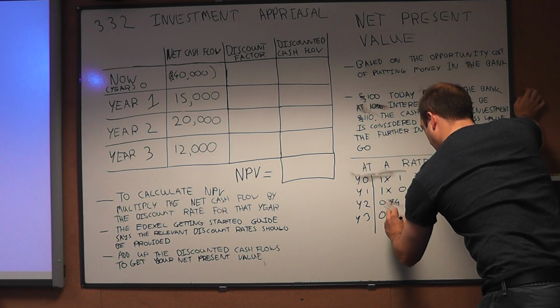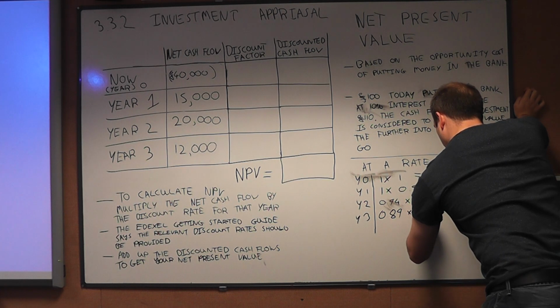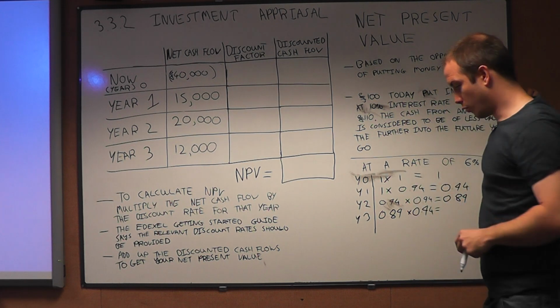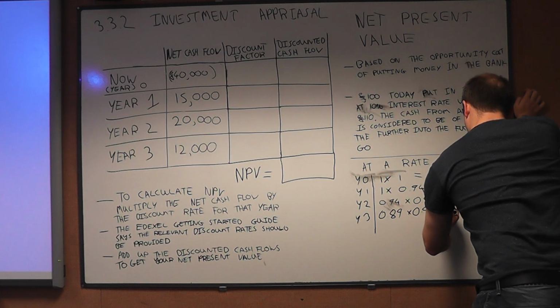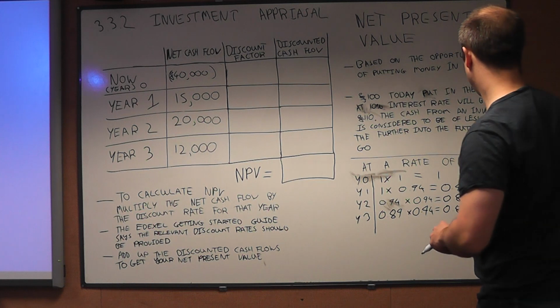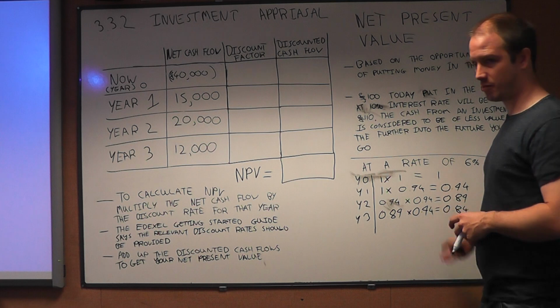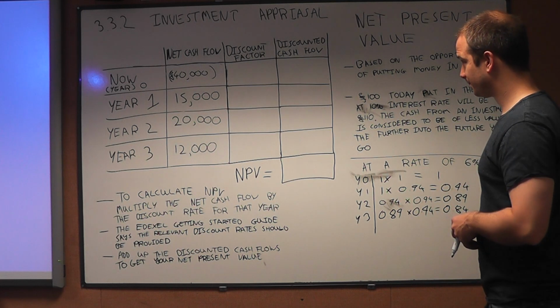So 0.89 times 0.94 would give us a value of 0.84. Subject to rounding, actually, to these figures from the Edexcel textbook, which have been simplified.